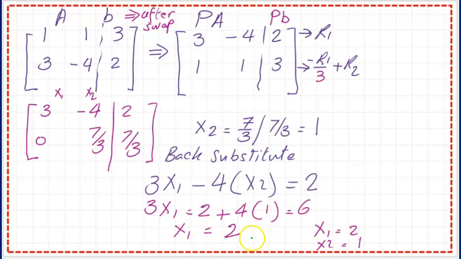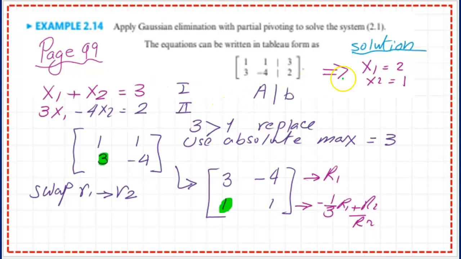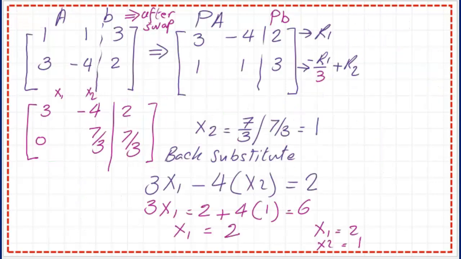So we have x1 equal to 2 and x2 equal to 1. We refer back to the second slide, where we have x1 equal to 2 and x2 equal to 1. There is no change between the exact values and the values after partial pivoting.